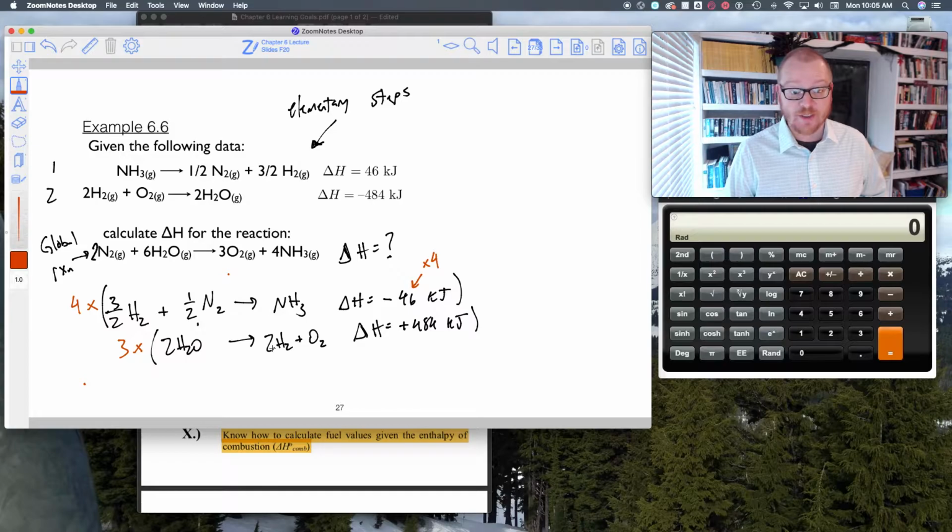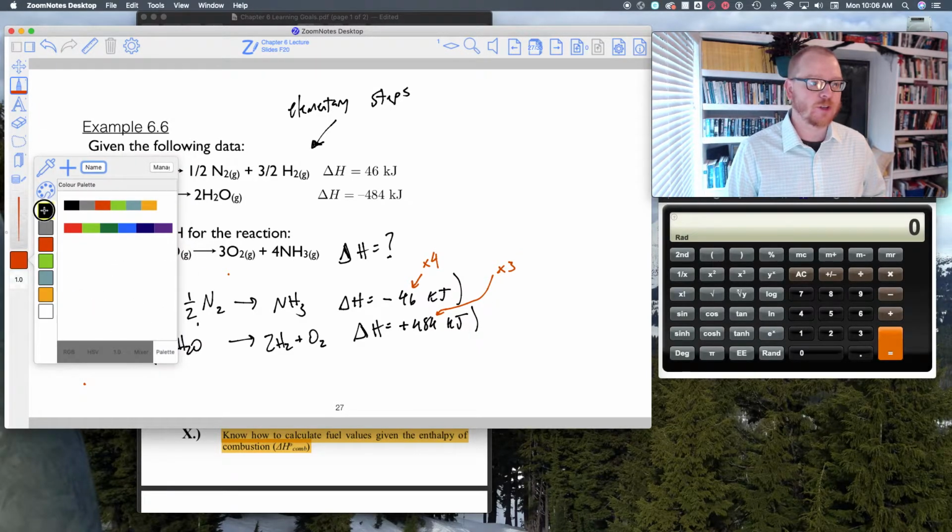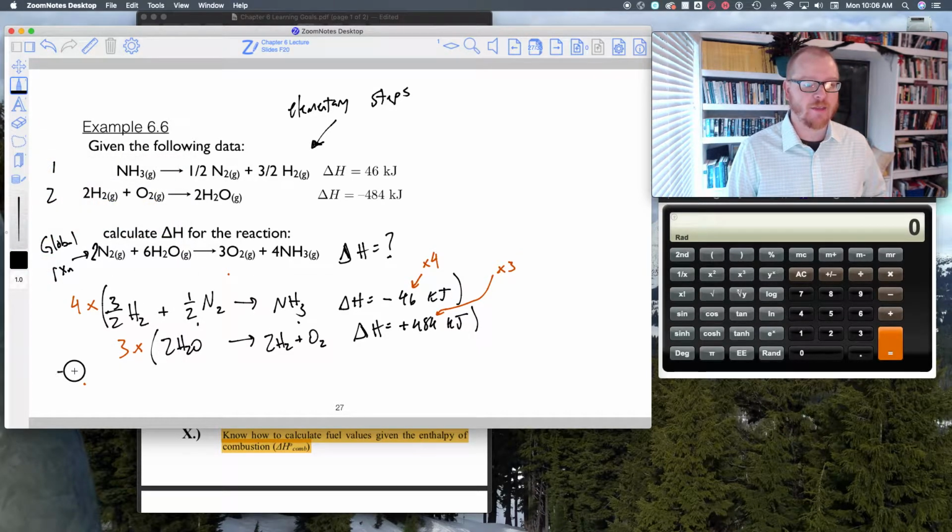And we'll see what happens to the hydrogen. Hopefully that cancels out this intermediate hydrogen, okay? And then I also remember that I'm going to have to multiply this energy by 3, okay? So let's keep that going. And then now I'm going to add them all up, okay?